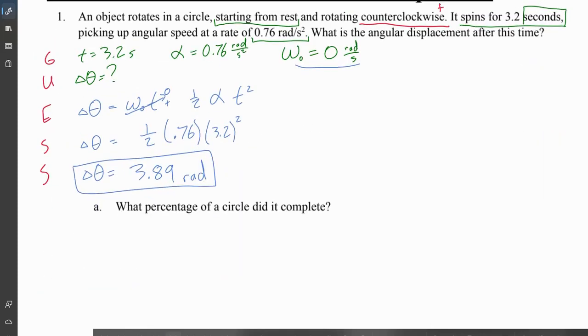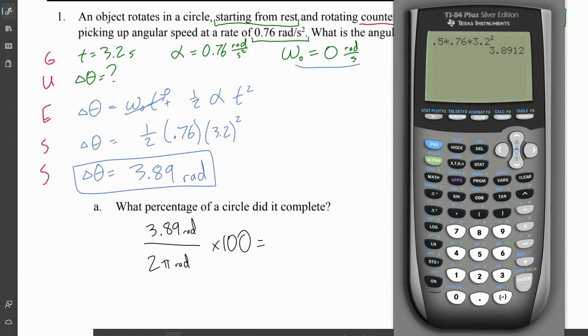So if we want to figure out what percentage of a circle this is, we need to take what it made, 3.89 radians, divided by what's a full circle, 2 pi radians. And then how do we get percentage? Times 100. Okay, so this should give us what percentage it is out of a circle.